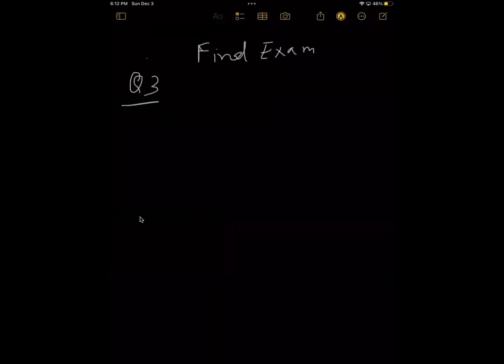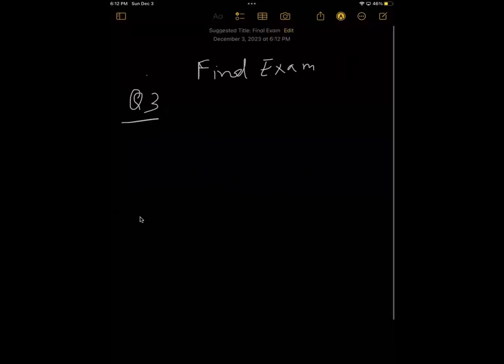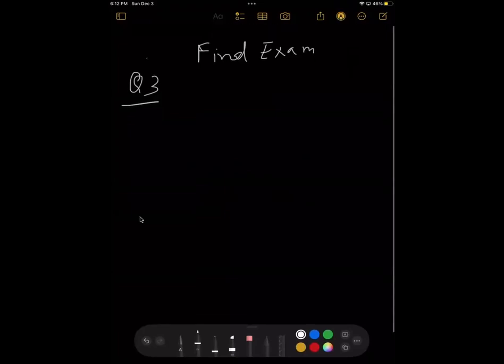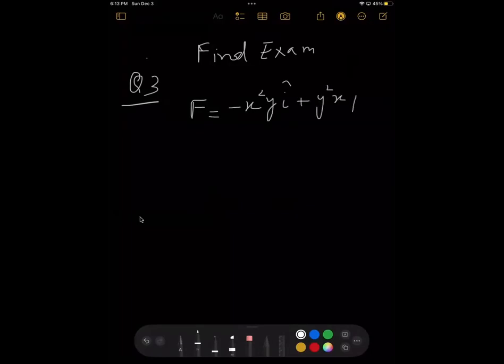So this is the F. F is equal to minus x squared y unit vector i plus y squared x unit vector j.